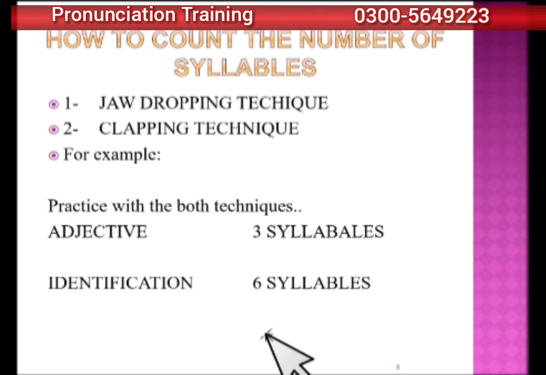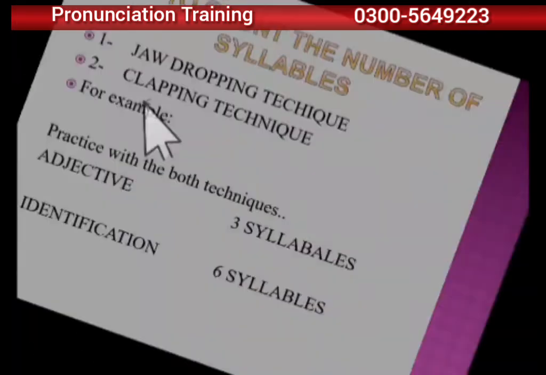One more thing, you can say a practice activity: how to count the number of syllables. As I've already told you, the jaw dropping technique: you put your hand under your chin and just see how many times your chin drops down. That's an activity, a strategy to count syllables. Then the clapping technique: you, ni, v, s, t.